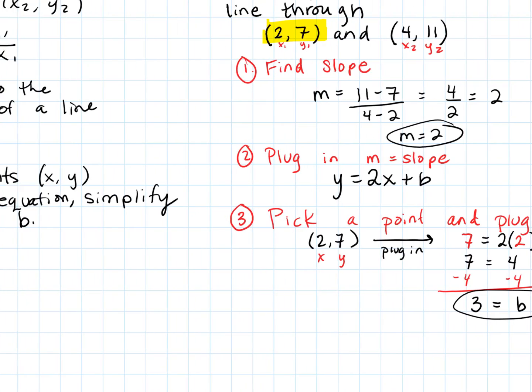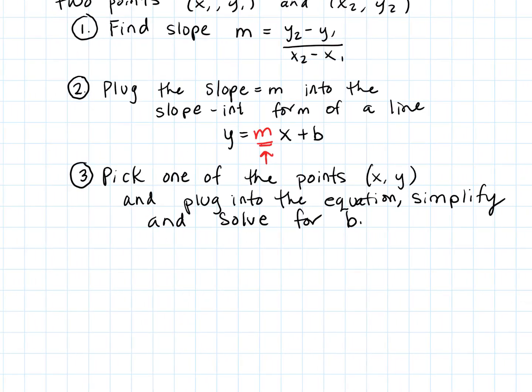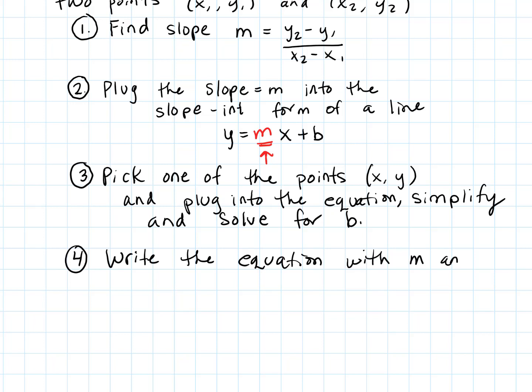Okay, one last step. The last step is to write the equation with the values we found for m and b.